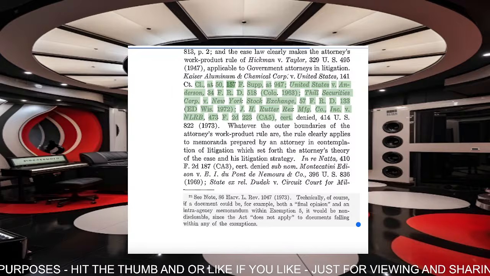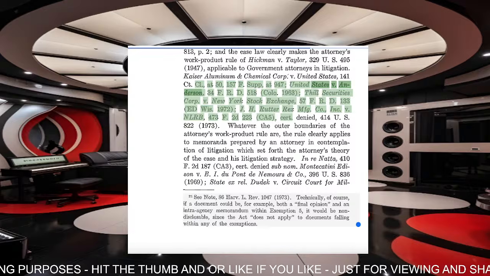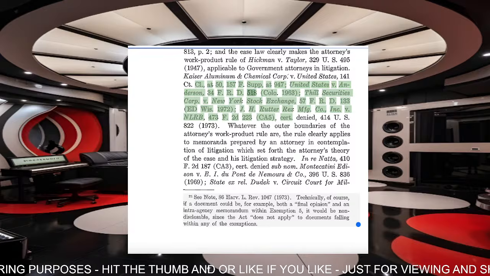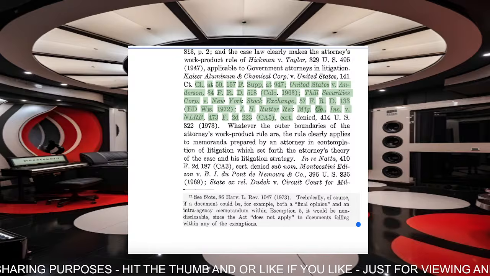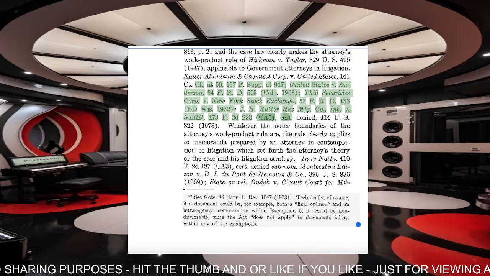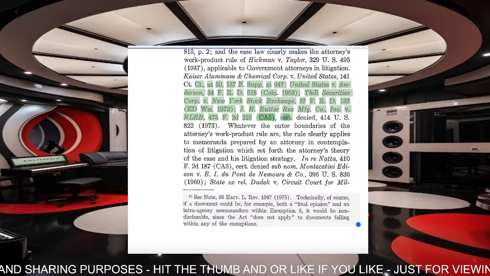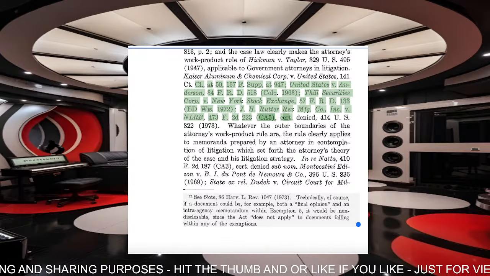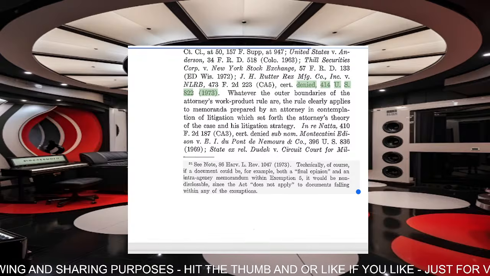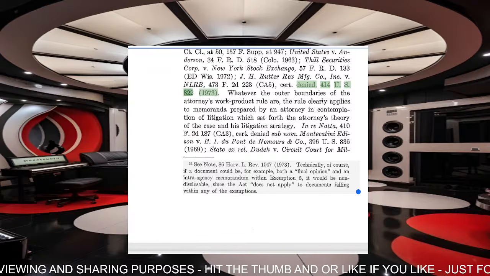Cl. at 50, 157 F. Supp. at 947; United States v. Anderson, 34 F.R.D. 518; Filt Securities Corp. v. New York Stock Exchange, 57 F.R.D. 133; J.H. Rutter Rex Manufacturing Co., Inc. v. NLRB, 473 F.2d 223, cert. denied, 414 U.S. 822.